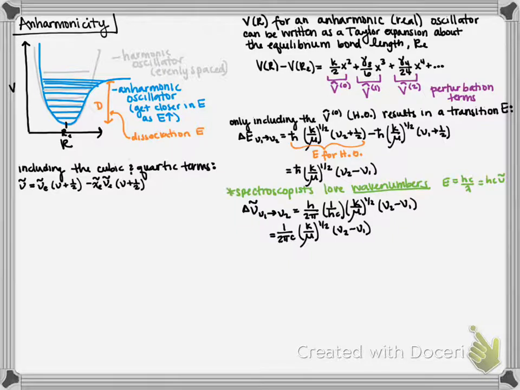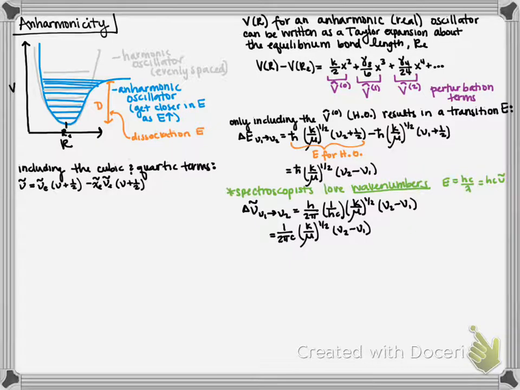we can get a different result. So the first result I'm giving you here is simply the wave number associated with a single quantum number state, so not a transition. We get nu tilde, which is our wave number, equal to nu tilde sub e. We'll come back to that.